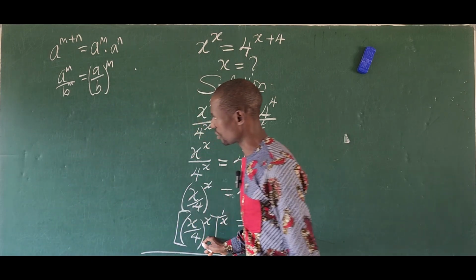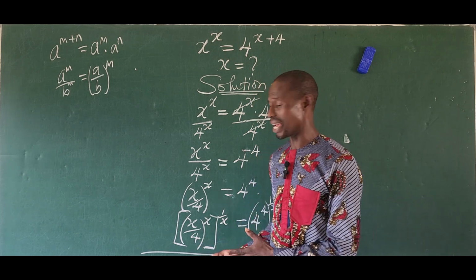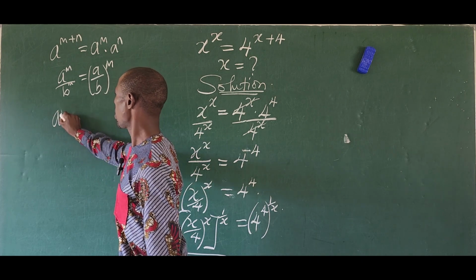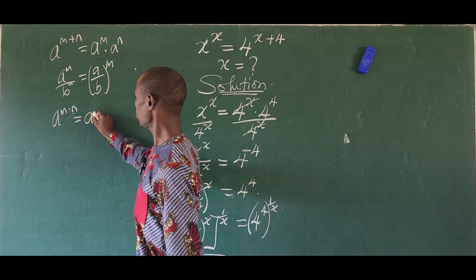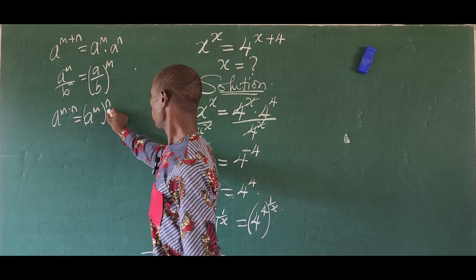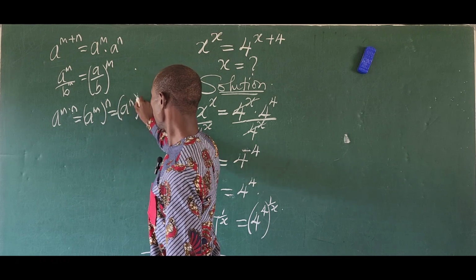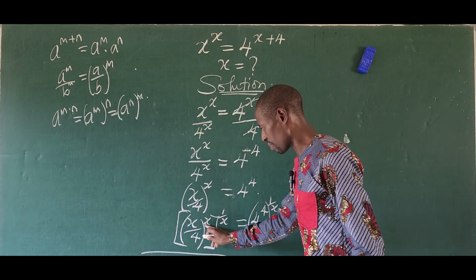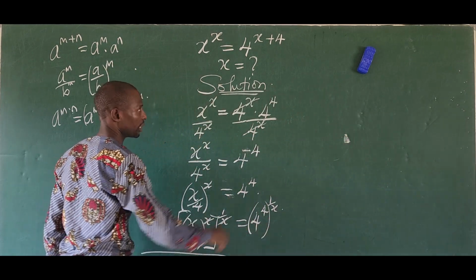Now look at this expression. We apply the third law of indices, which says that a to the power of m times n is the same thing as a to the power of m, in brackets raised to n, which is also a to the power of n, in brackets raised to m. So we can use this to open this, because this is power, this is power. If we multiply out, this and this will leave.